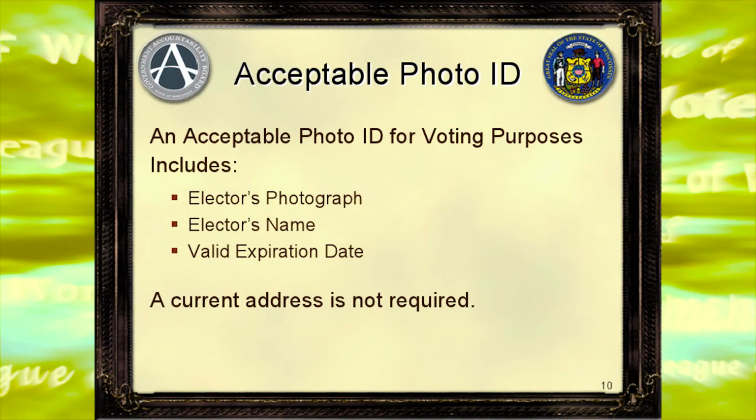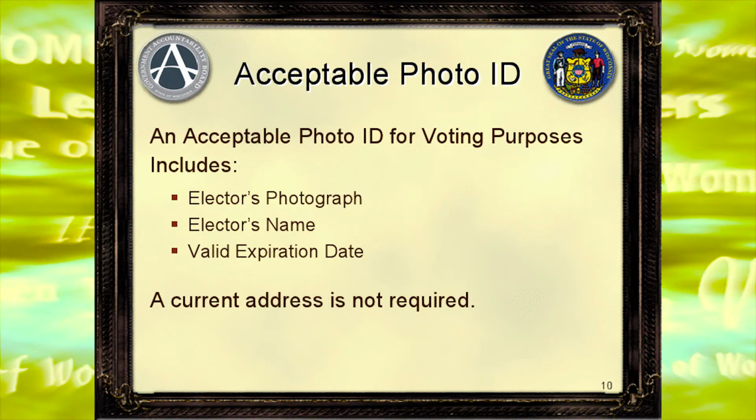The poll workers are also going to look at the elector's name. The name on the identification card has to conform to the name on the poll list or registration list. So if your name is Robert on your ID card, but it says Bob on the poll list, that's conforming. So they do not have to match exactly. And that's important because not everyone's name matches the way their identification card is, matches what's on the poll list.